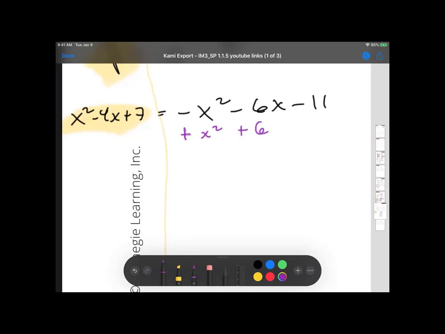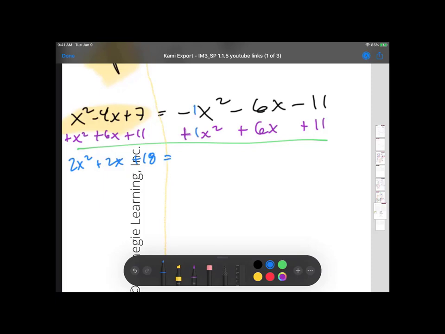I'm just doing opposites to go across the equal sign. Now, you don't do opposites on this side. Whatever you did on the right side, you do on the left side. Okay, so this gives us 2x squared plus 2x plus 18, and 1 and a negative 1 is 0, negative 6 plus 6 is 0, and negative 11 plus 11 is 0. Okay?